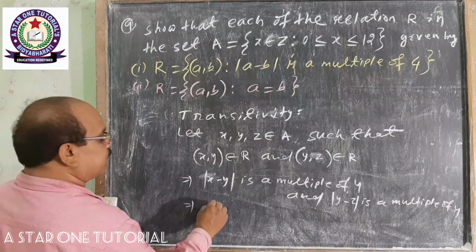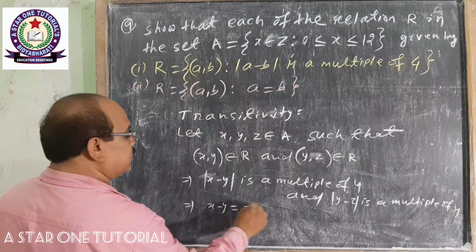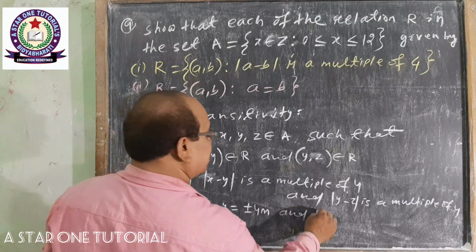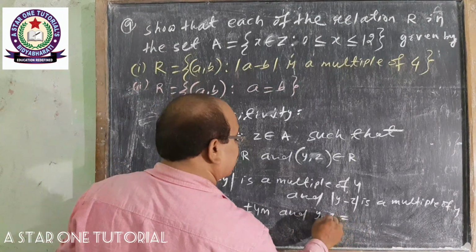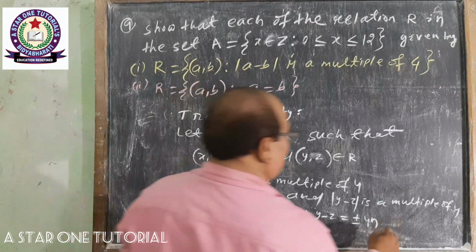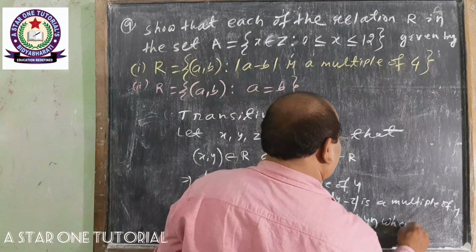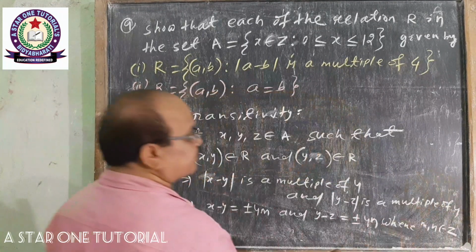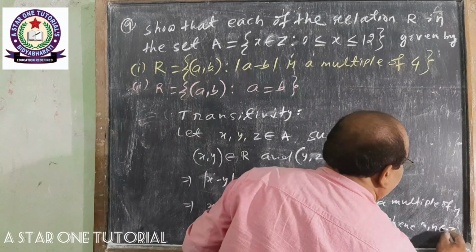That implies x minus y is equal to plus or minus 4m and y minus z is equal to plus or minus 4n, where m, n belong to Z. m and n are any two integers.